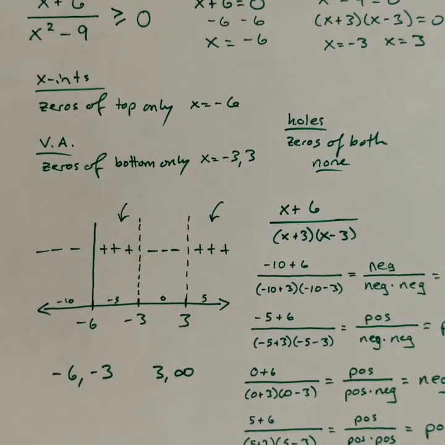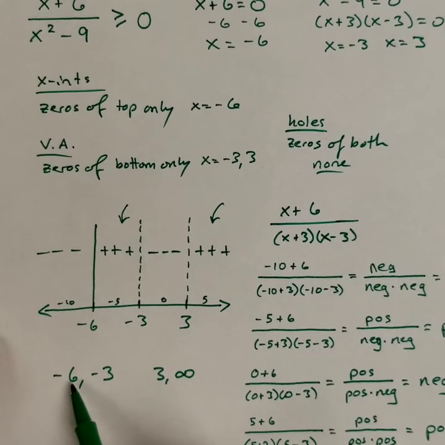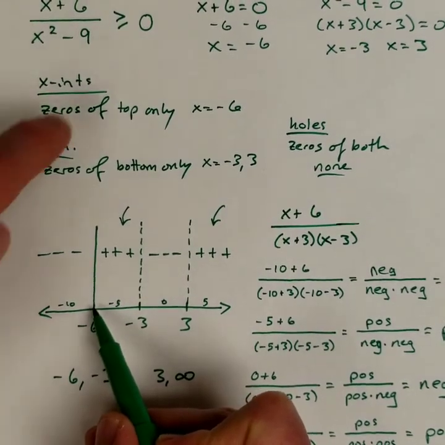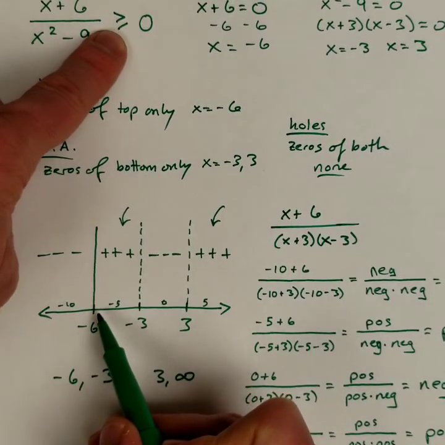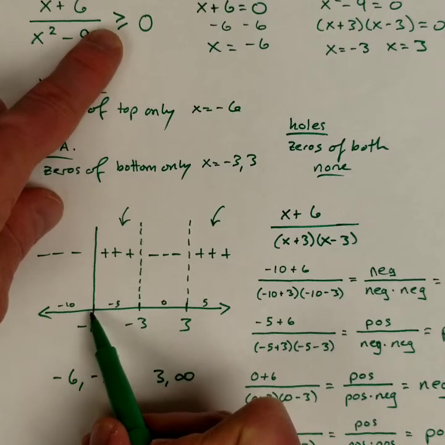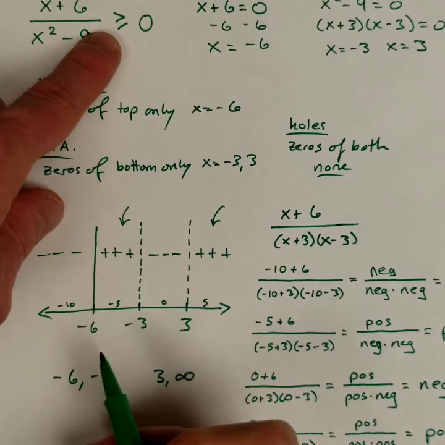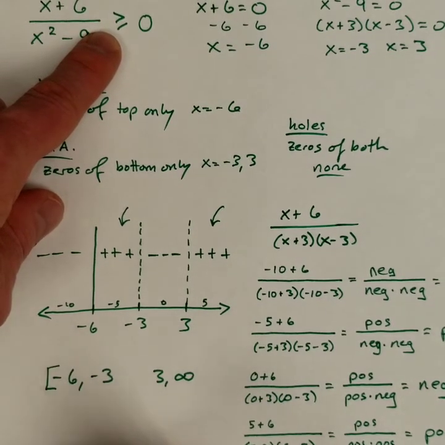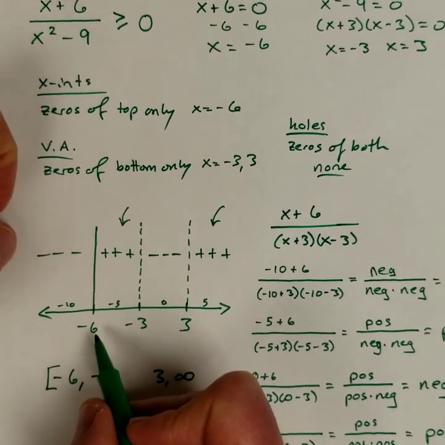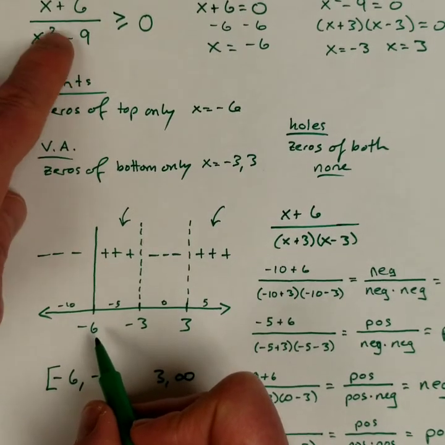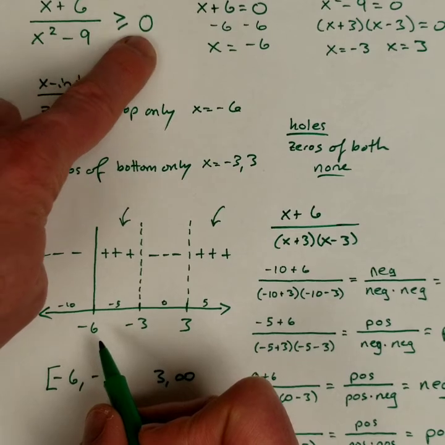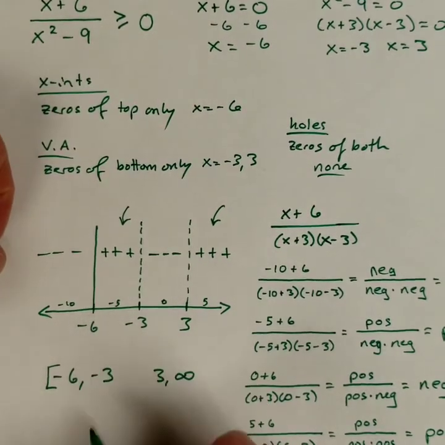And now I've got to figure out whether to put brackets or parentheses. Okay. The -6 is an x-intercept. The inequality has an equal sign. When those two things occur together, you need a bracket, because the function is equal to 0 at the x-intercept.